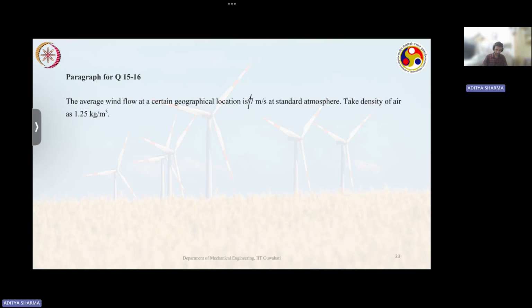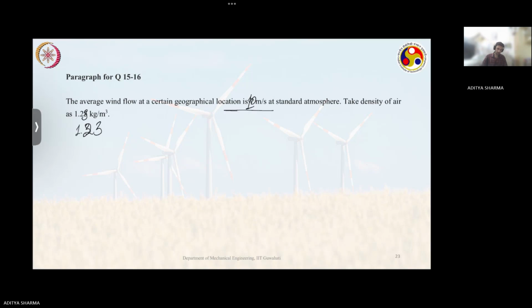So I forgot to change the value. 10 here, 1.23. So these are the values given to us.